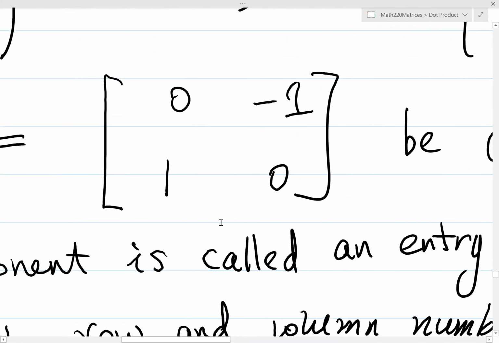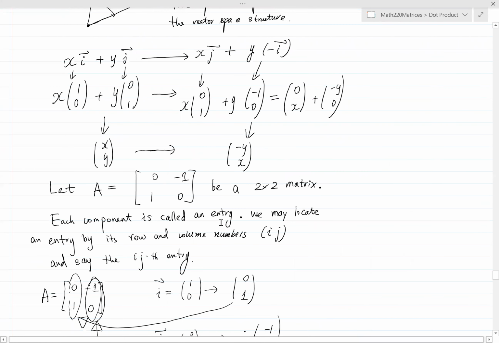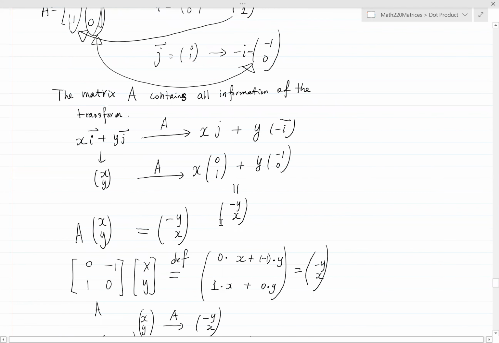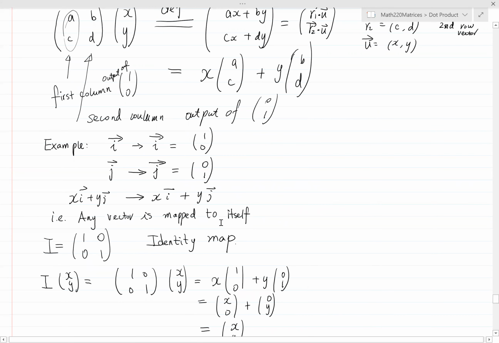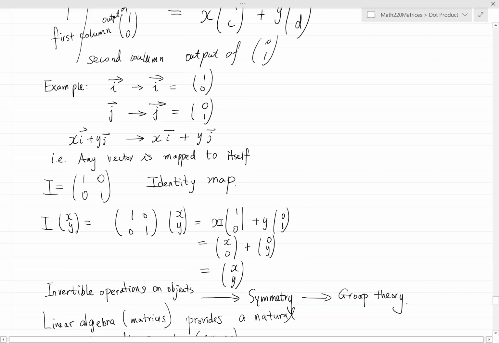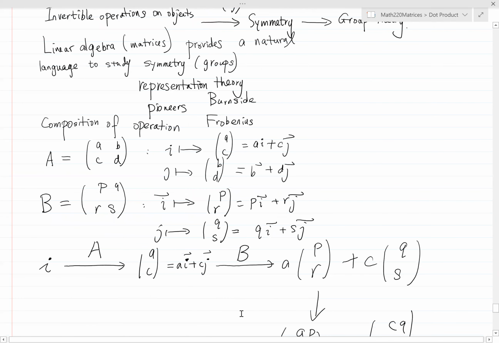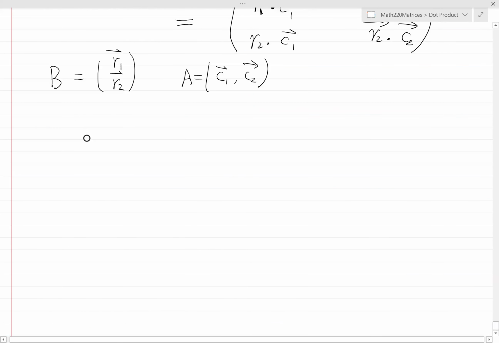This uniquely determines the rule for any other vector, and then we can also define composition between maps. Today we will continue talking about maps between vector spaces.